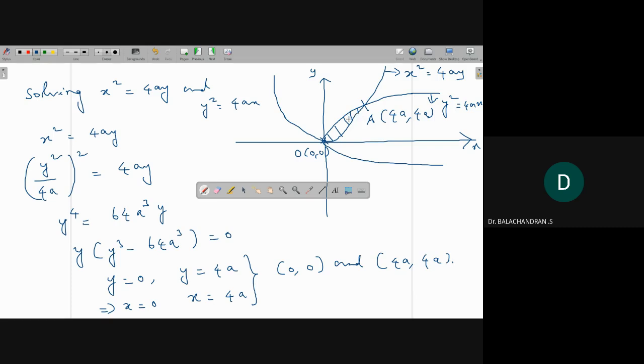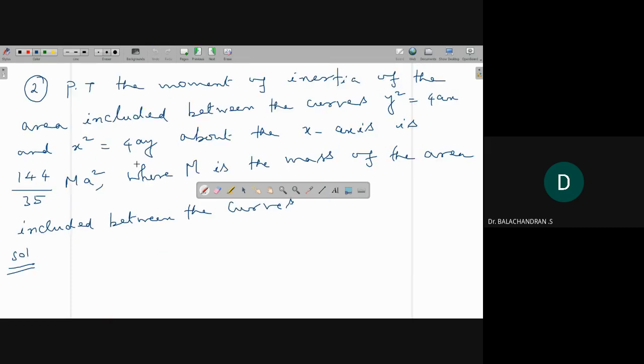Now we need to find moment of inertia about x-axis. That means we need to find Ix is equal to double integral over A of rho into y square dx dy. But rho is what?